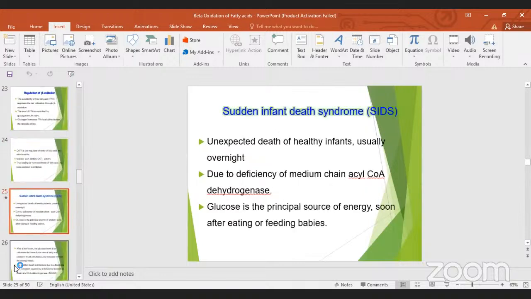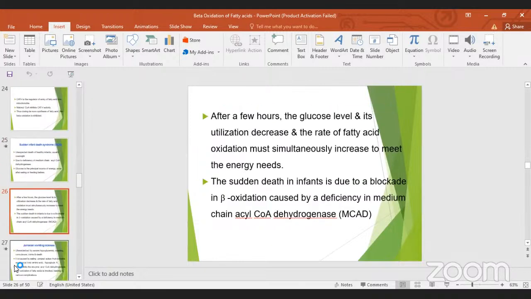Sudden infant death syndrome, SIDS, is an unexpected death of healthy infants, usually overnight, due to deficiency of the medium chain acyl-CoA dehydrogenase enzyme. Glucose is the principal source of energy soon after feeding babies.